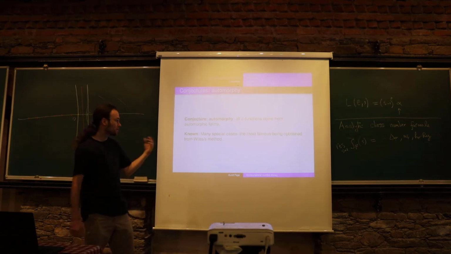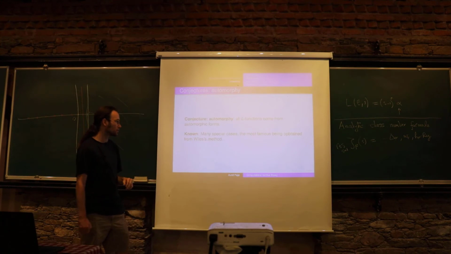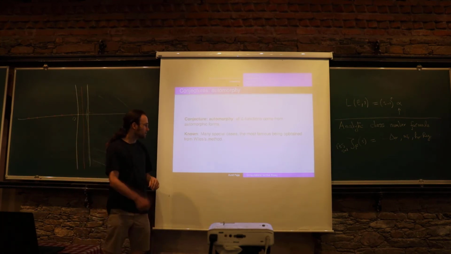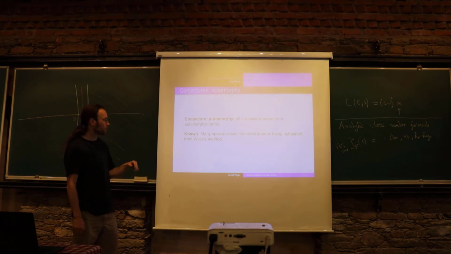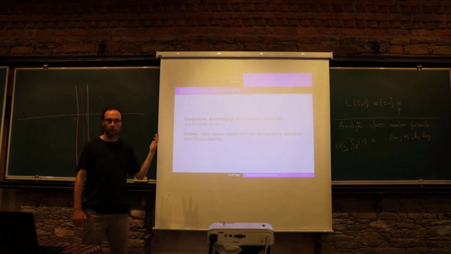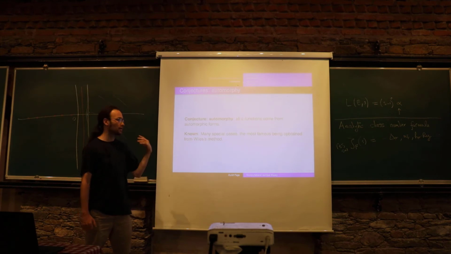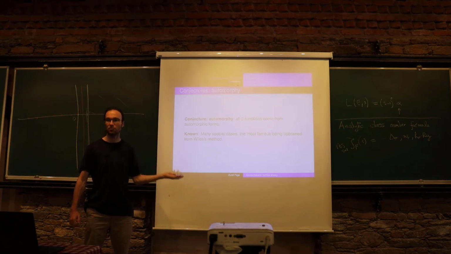There are many special cases that are known, and probably the most famous cases of this are the ones obtained from Wiles's method. When I said earlier that we know that the L functions of elliptic curves are actual L functions, this is because of the theorem saying that the L function of an elliptic curve actually equals that of a modular form, and for a modular form we know the analytic properties.